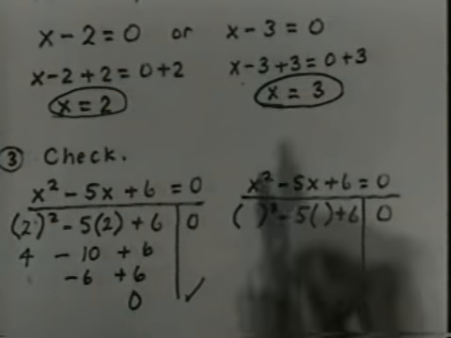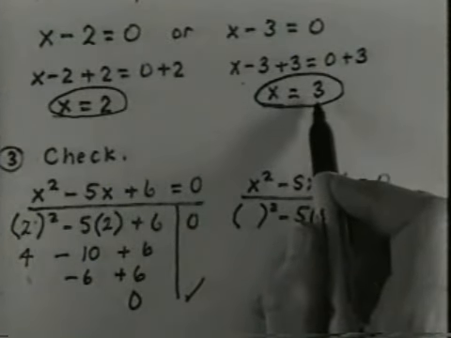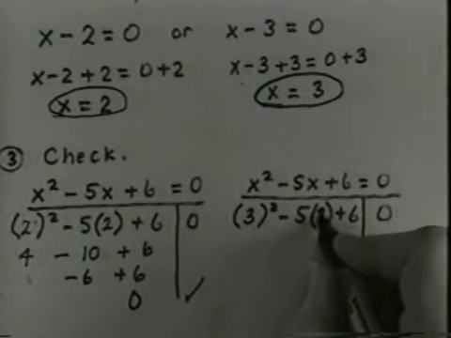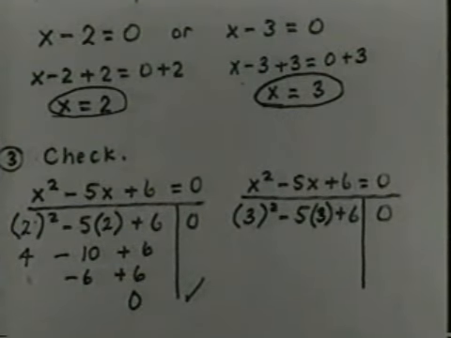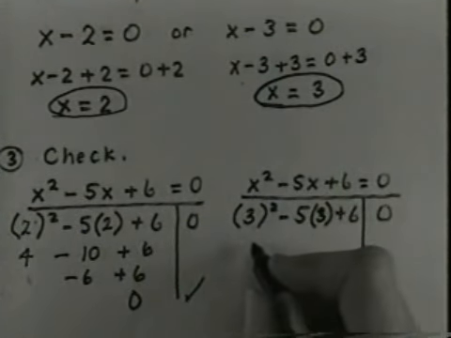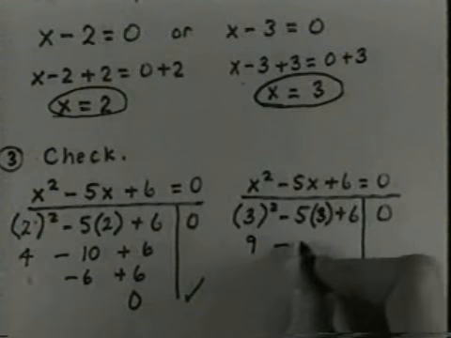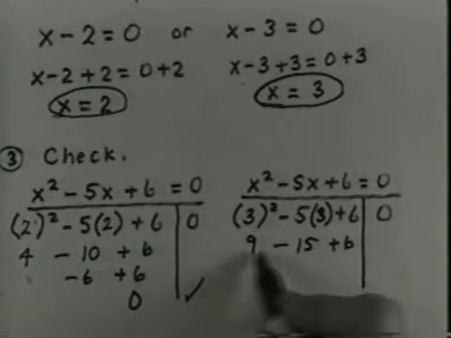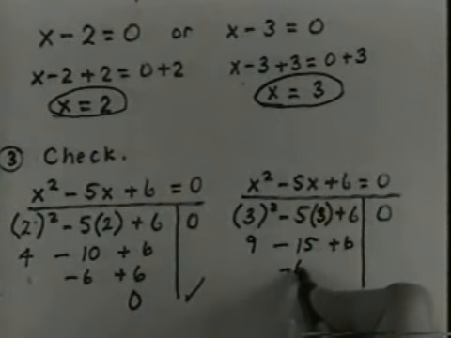For the other possibility, we'll check 3. 3 squared, subtract 5 times 3, add 6, and we're supposed to get 0. Well, 3 squared is 9. Subtract 15. Add 6. 9 subtract 15 is negative 6.